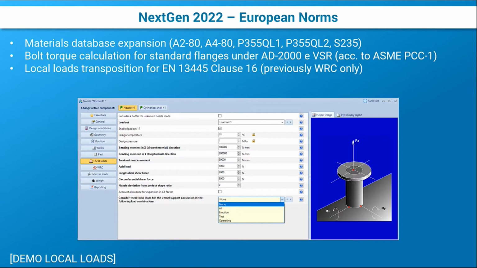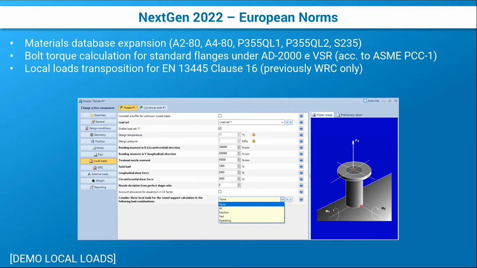In this case, we added a bunch of materials, and we extended the bolt torque calculation for standard flanges to 82,000 and VSR. The calculation of the bolt torque is made according to ASME PCC-1. And we extended a function that was previously available only for WRC, which is the local loads transportation, for EN 13445 plus 16 local loads.